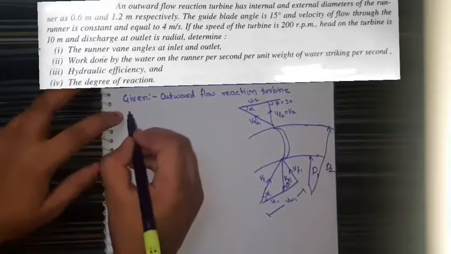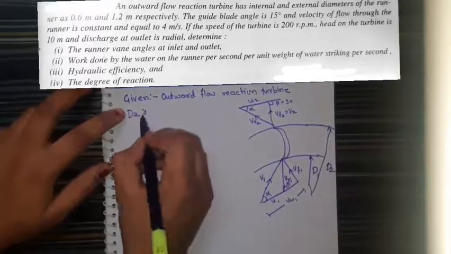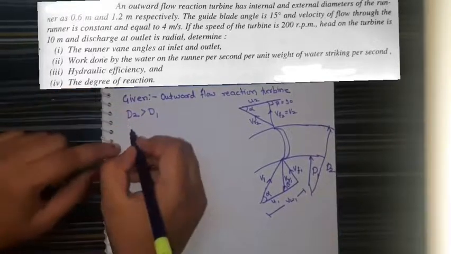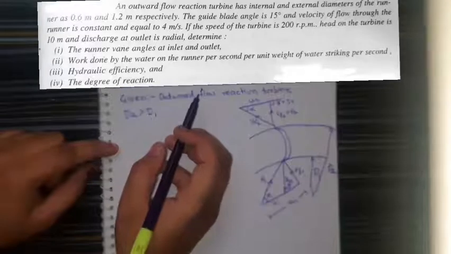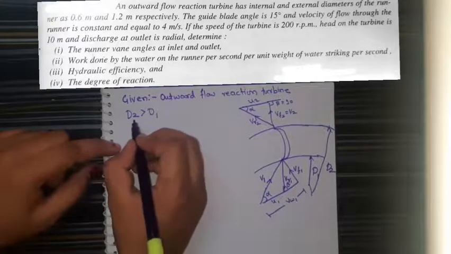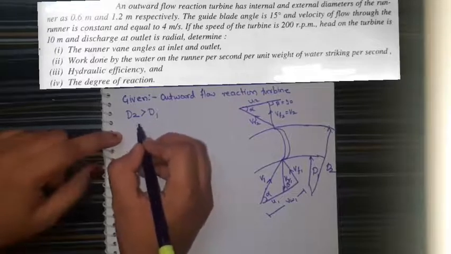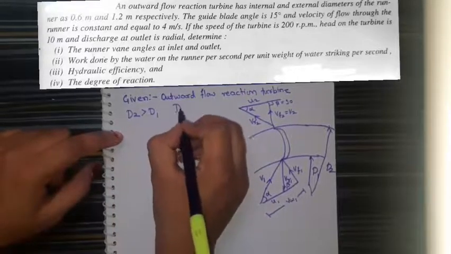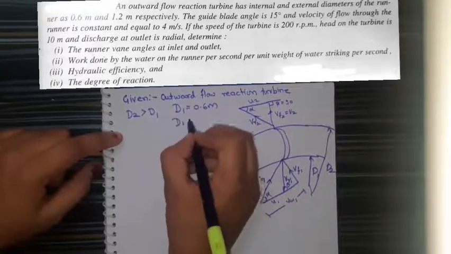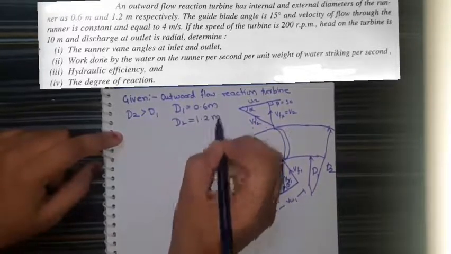That means D2 is more than D1, as it is given that diameters are 0.6 meter and 1.2 meter. So the bigger one, 1.2 meter, is D2. So D1 is 0.6 meter and D2 is 1.2 meter.